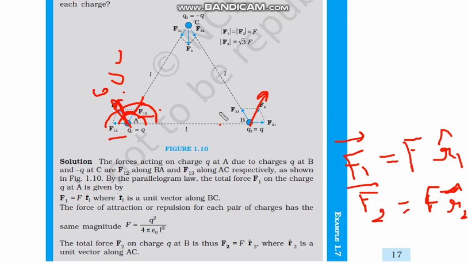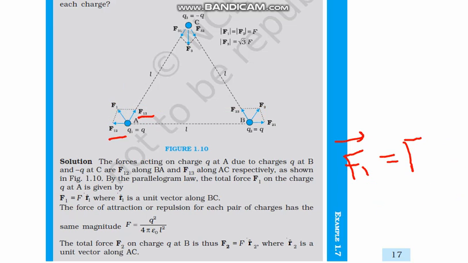Similarly, this whole angle is 180 degree, this angle is 120, this angle is 60 degree. So again this F2 makes 60 degree from this side, 60 degree from this side. Similarly, F1 makes 60 degree from this side and 60 degree from this side. So how can we use this to calculate the net resultant force?